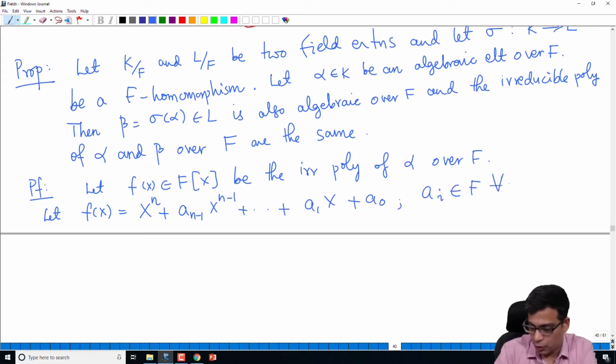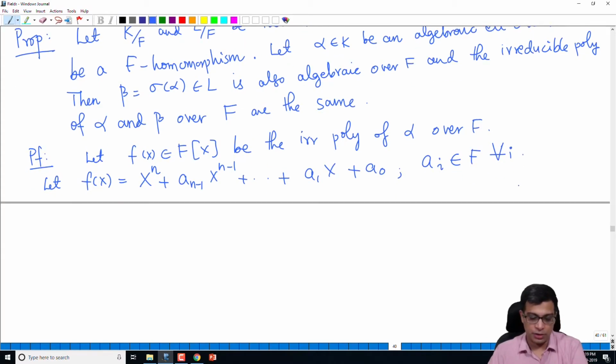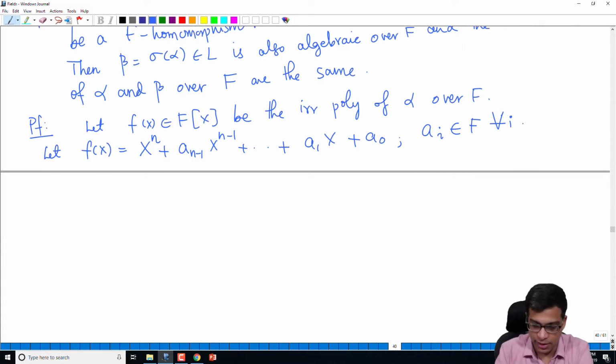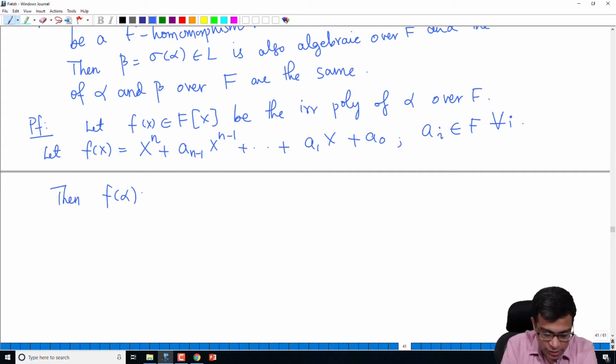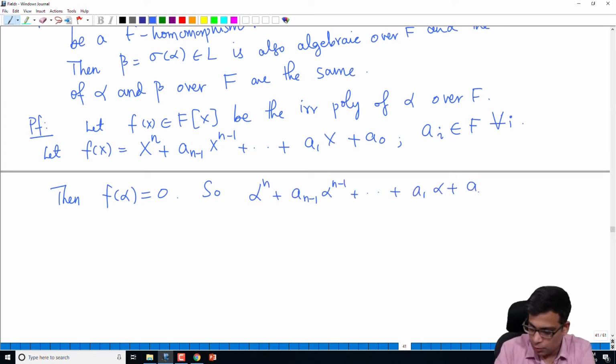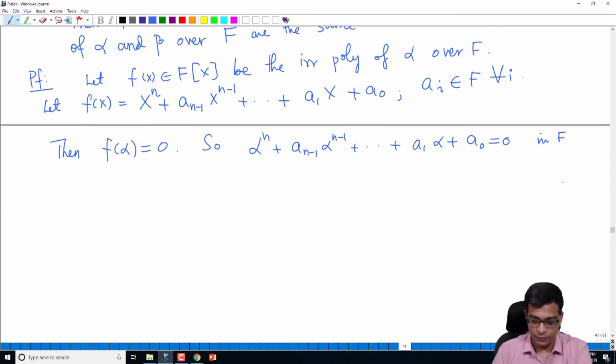They are in F for all i, because it is the irreducible polynomial over capital F. So then we know f(alpha) is 0 because it is the irreducible polynomial of alpha. That means alpha is a root. So alpha^n plus a_{n-1} alpha^{n-1} plus dot dot dot plus a_1 alpha plus a_0 is 0. So this is an equality in capital F.